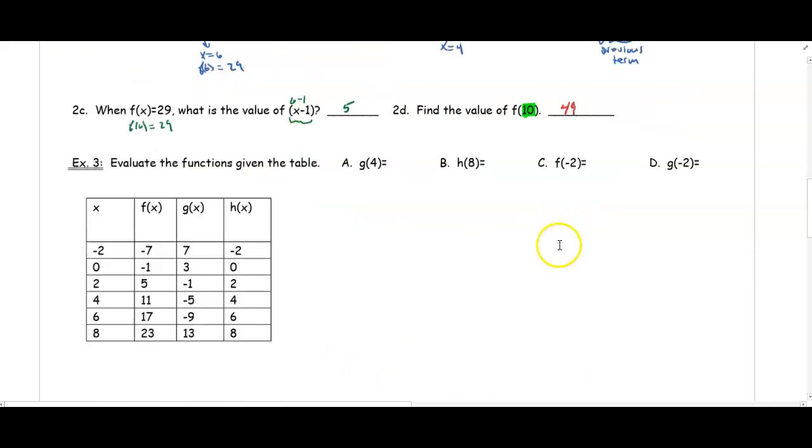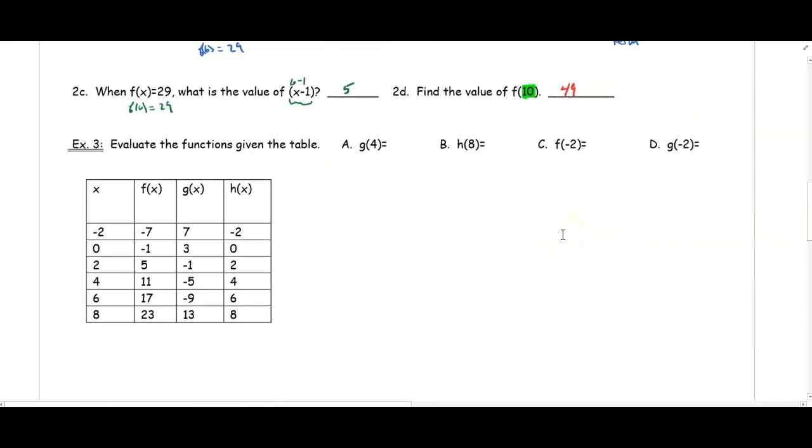Next one. Evaluate the functions given the table. What is g of 4?